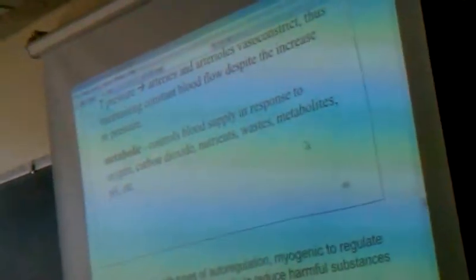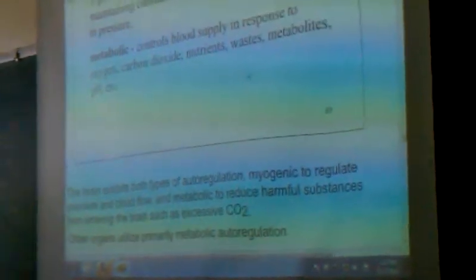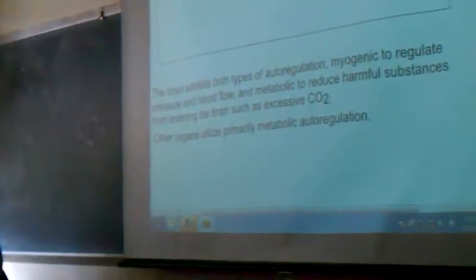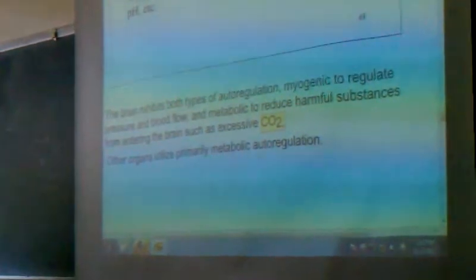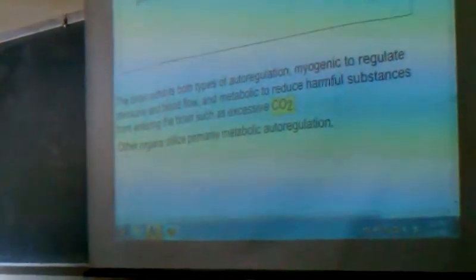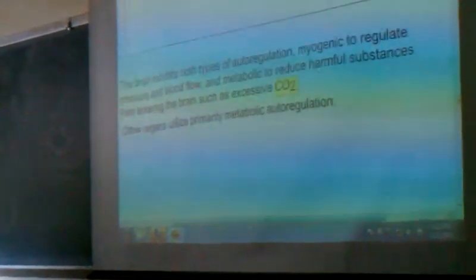Now, when carbon dioxide levels build up in a tissue, when waste products like lactic acid build up in a tissue, there are receptors within your blood vessels that can detect the buildup of carbon dioxide and so forth. This buildup of waste products, like carbon dioxide, can actually trigger the brain to alter blood pressure and blood flow.